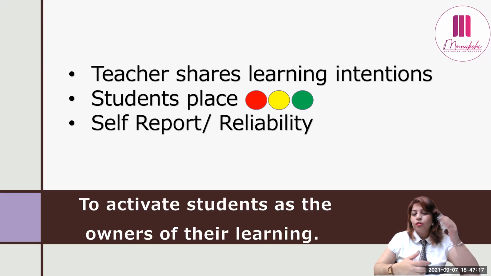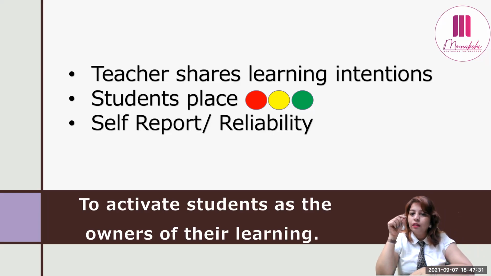Okay, how does it work? So different kinds of learning intentions, or maybe the objectives, are defined at the beginning of the chapter, right? And at the end of the chapter, the students are told to make, with the help of colored pencils, some dots or maybe circles in front of the topics.